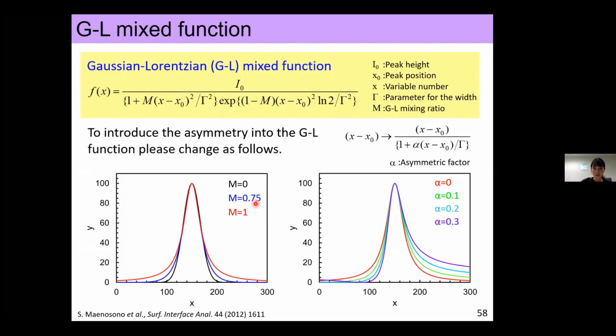When m is the GL mixing ratio, when m equals 0, the function becomes a Gaussian function, while when m equals 1, it becomes a Lorentzian function. When an asymmetry factor is introduced, the function shape changes like this.